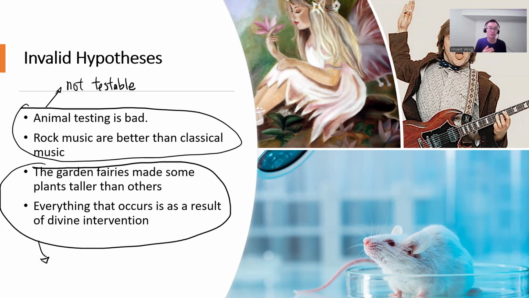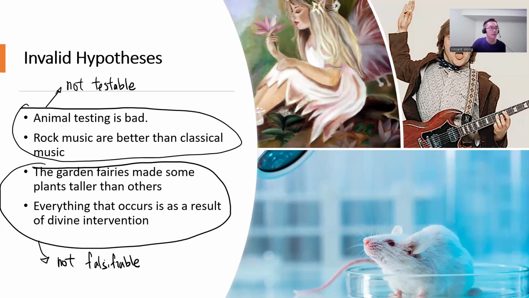Right? In fact, you can spend your whole life looking at the garden and not see one, and the counter argument will still be, well, you just haven't seen it because you weren't lucky enough to see it. Like, it doesn't mean they don't exist. So for that reason, these last two examples are not falsifiable. All right, you cannot prove them to be wrong.